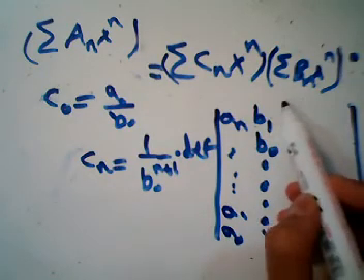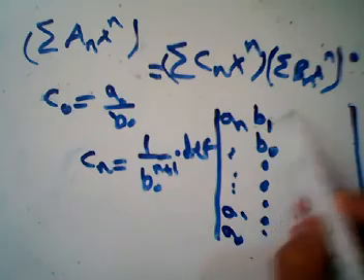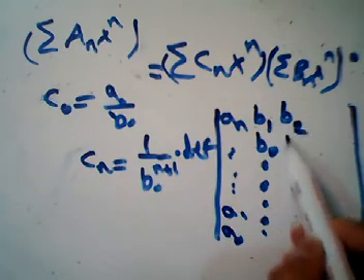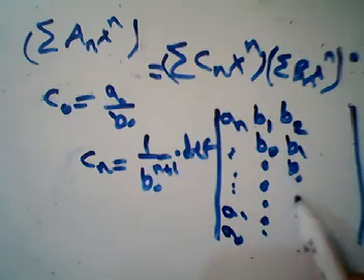This is the second column for the denominator: B2, B1, B0, and the rest is 0.